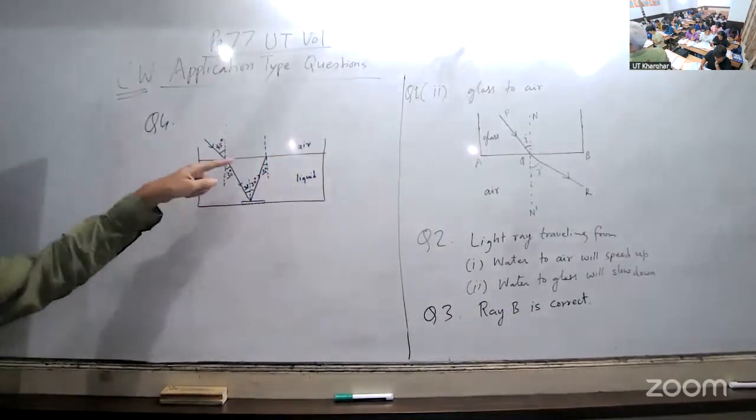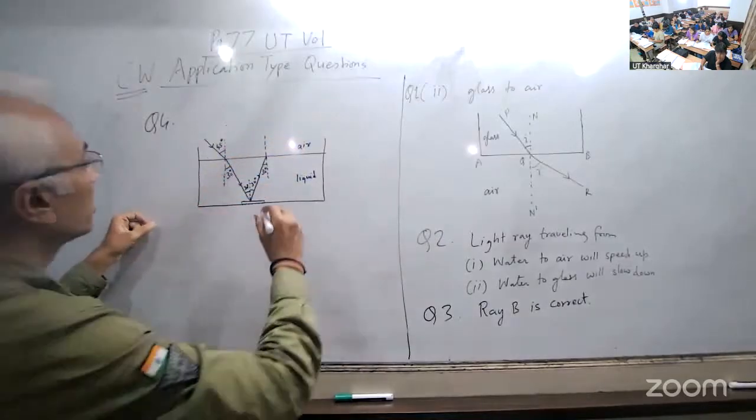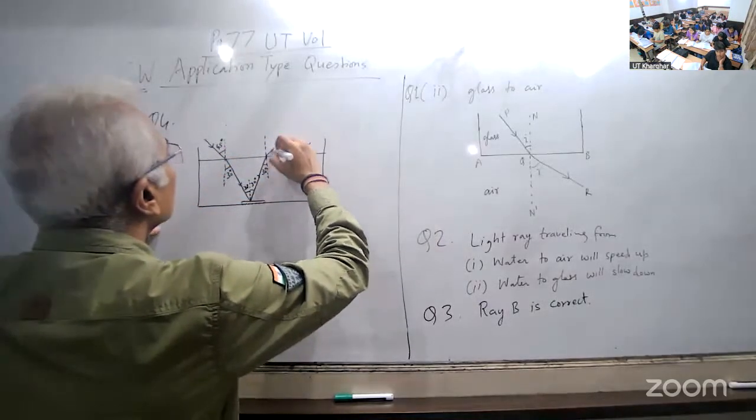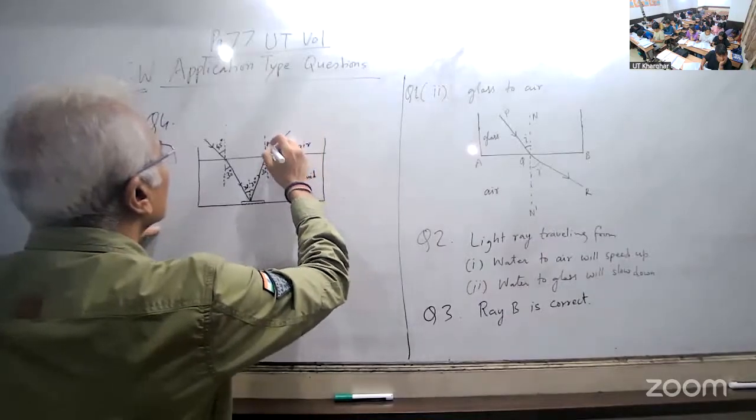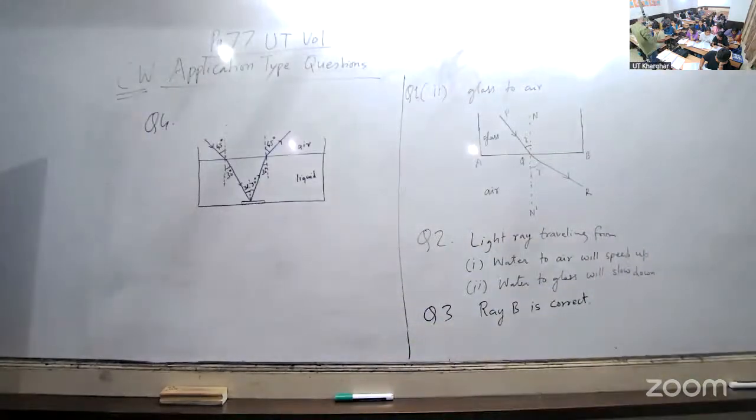Correct? So this must be 45 then. This must be 45. So it is symmetric. What is happening at the base is reflection.